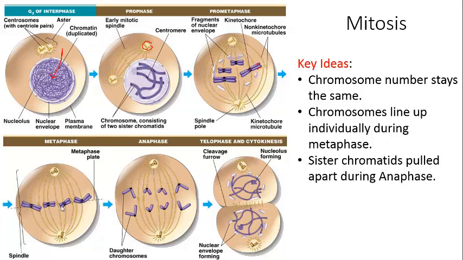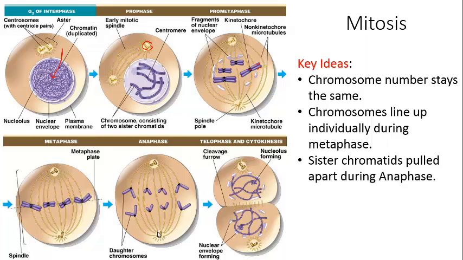During metaphase, all 46 chromosomes line up individually at the metaphase plate, at the equator of the cell. During anaphase, the sister chromatids migrate to either side of the cell. I know that we typically say that they get pulled to either side, but we know now that they actually walk to either side.